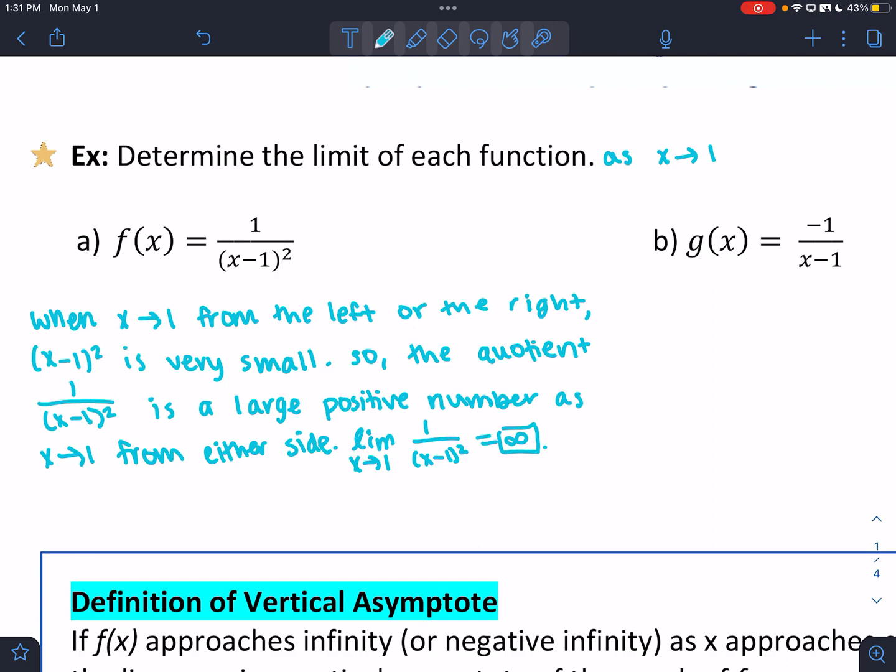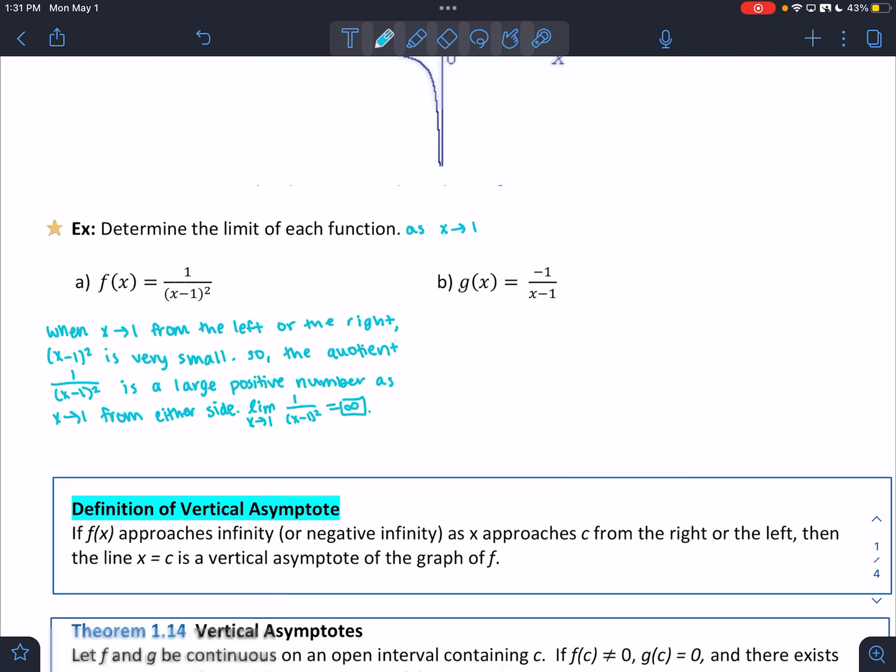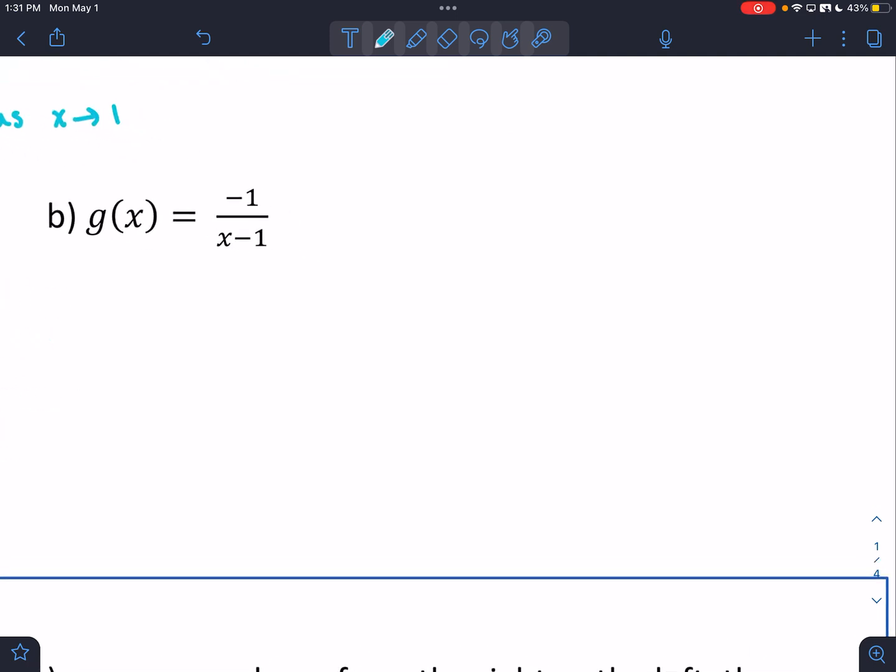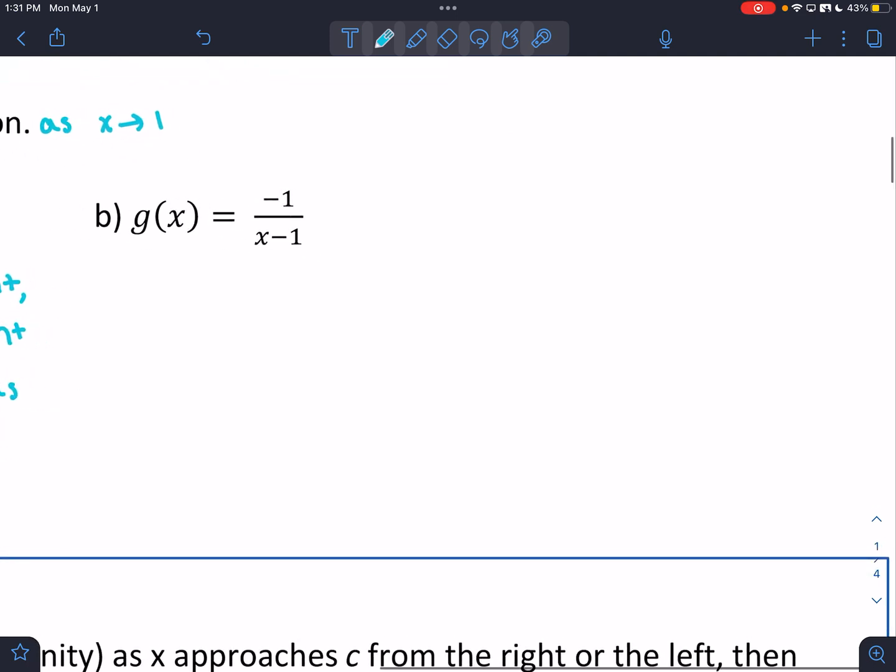Okay. So that one was positive infinity, primarily because we were always going to get a positive number. When I square whatever's underneath, it's always going to be positive. But that may not always be the case, so let's look at a different kind. So we have negative 1 over x minus 1 here in example B. Let's think about what happens when we plug in. This is going to be different, right? We're not going to get the same thing from the left or the right because it's not being squared.